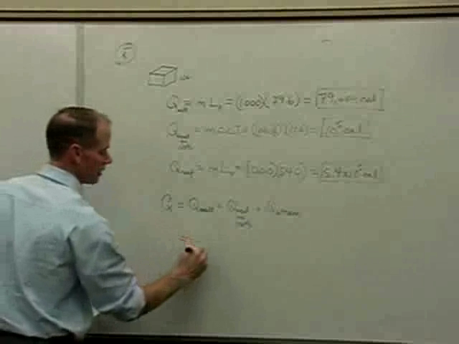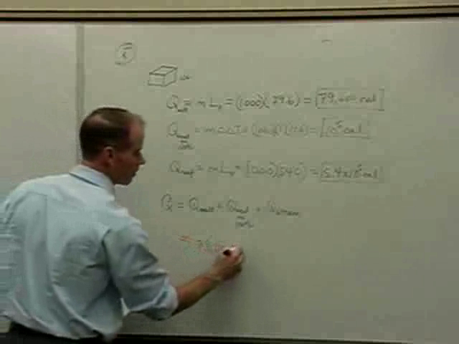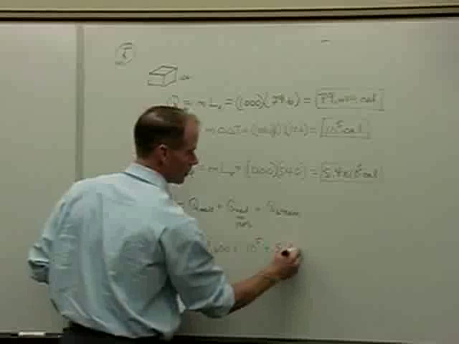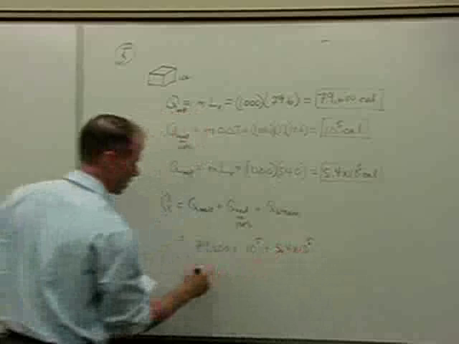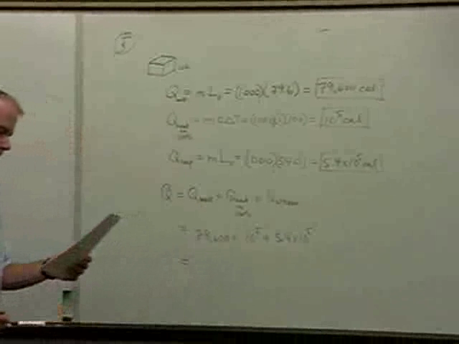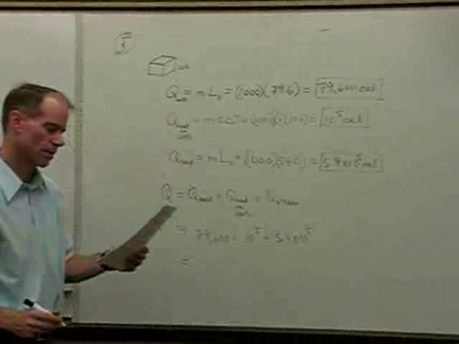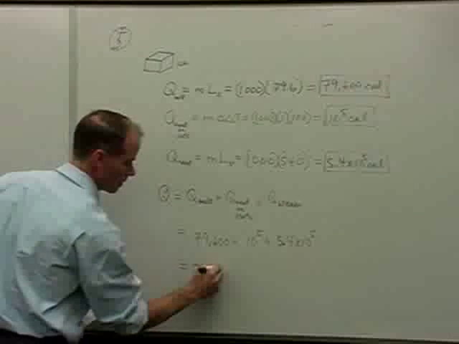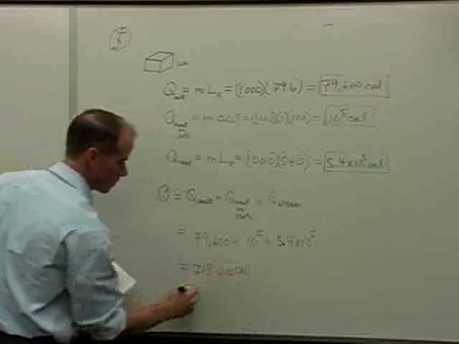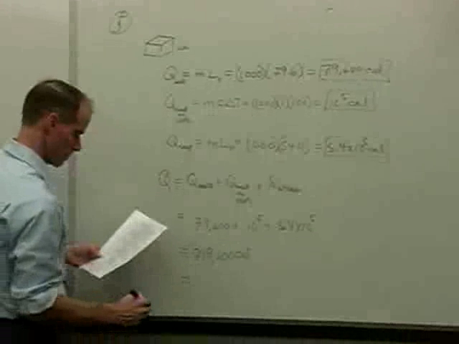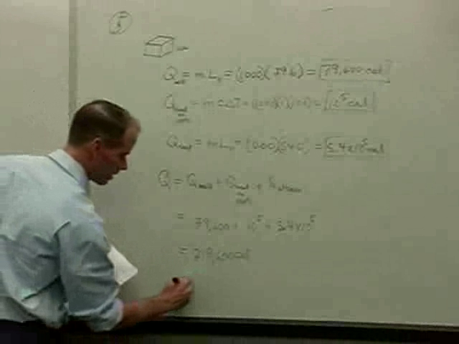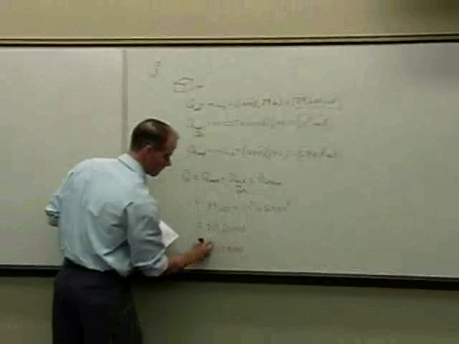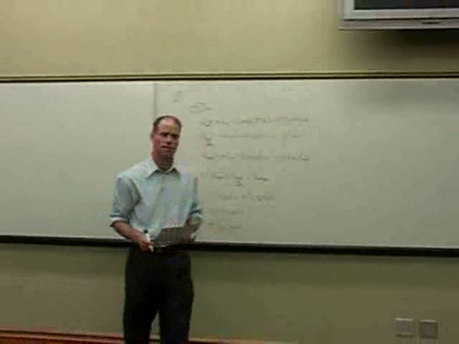That would be 79,600 plus 10 to the 5 plus 5.4 times 10 to the 5, and that gives us an answer of 719,600 calories, or approximately 720 kilocalories. So that's our answer.